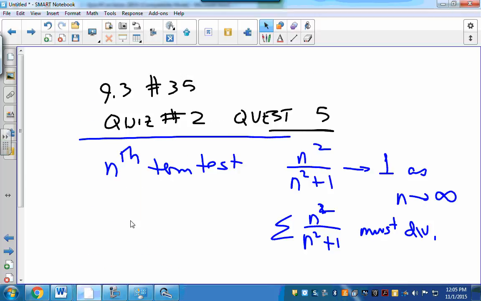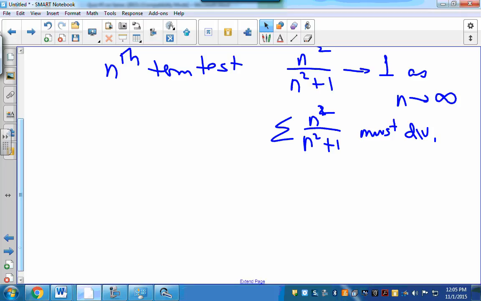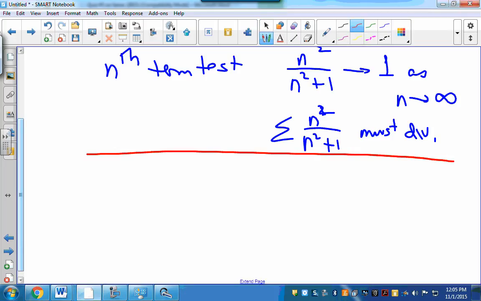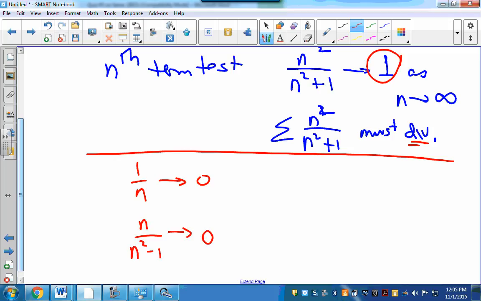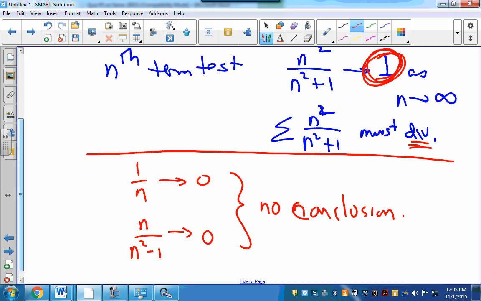The nth term test does say that if the nth term goes to something other than 0, here it goes to 1, then we get divergence. But if you had 1 over n, we know that goes to 0. And the one on the quiz, n over n squared minus 1, also goes to 0. But this doesn't give you any conclusion. Remember, no conclusion possible. The nth term test says if the nth term does not go to 0, then we get divergence. If the nth term does go to 0, we don't get any conclusion.